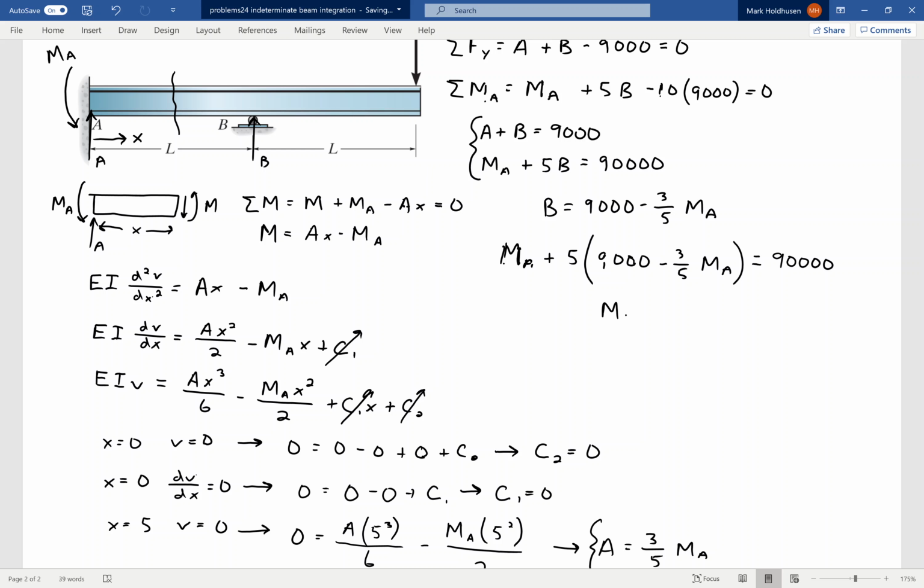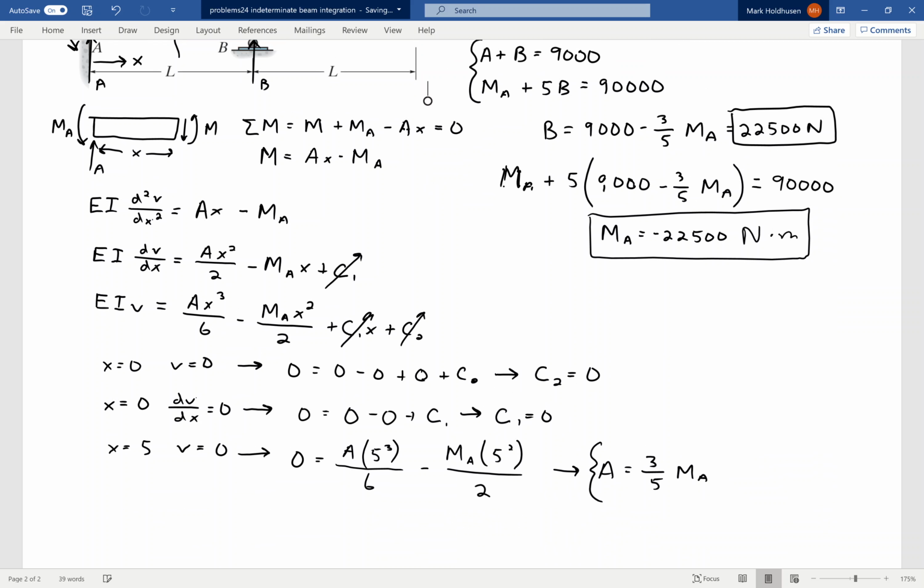I find that MA equals negative 22.5 Newton meters. Plug that in up here, and I can find B. B then becomes 22.5 newtons.